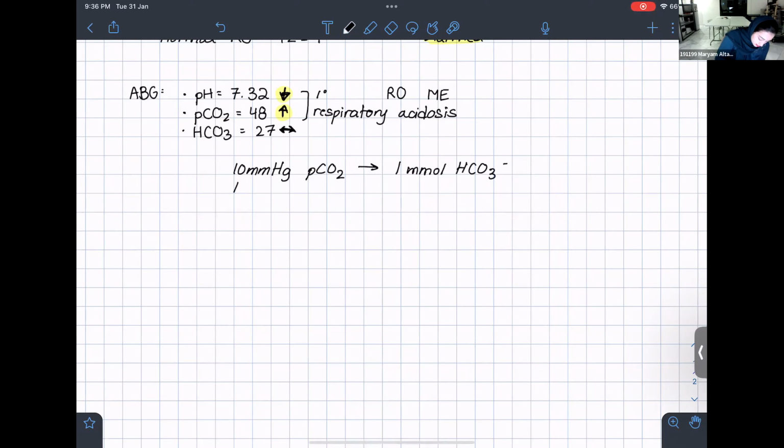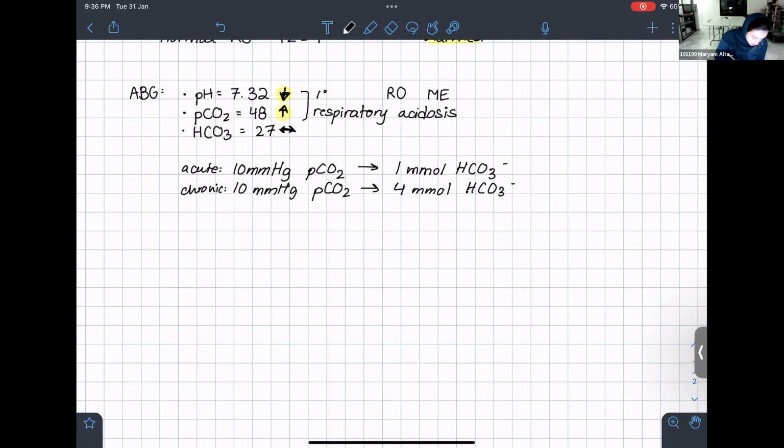For every 10 millimeters of mercury of PCO2, this is acute versus chronic. هذه acute, تمام, وهذه chronic. You should have a 4 millimole increase of bicarb.